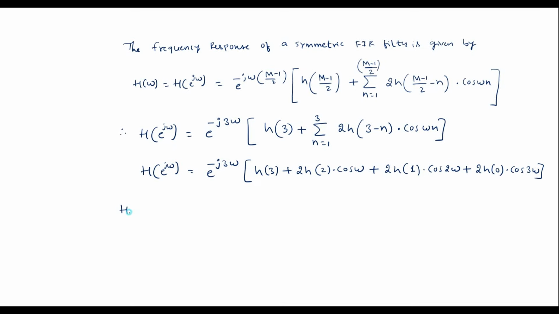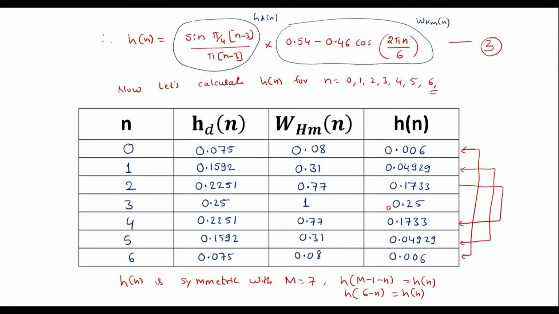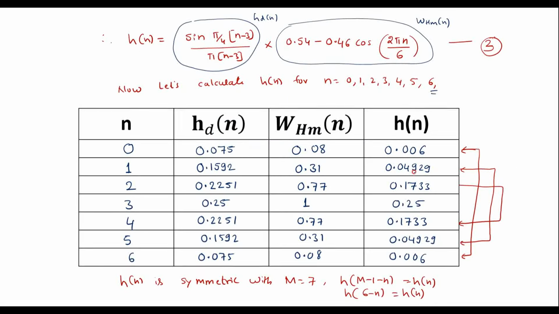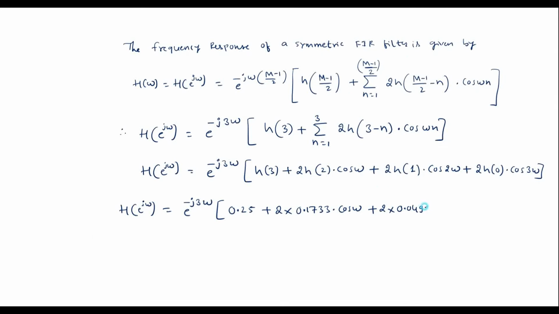Now substituting the values, H of e power j omega is equal to e power minus j 3 omega times h of 3, which is 0.25, plus 2 into h of 2, which is 0.1733, into cos omega, plus 2 into h of 1, which is 0.04929, into cos of 2 omega, plus 2 into h of 0, which is 0.006, into cos of 3 omega.